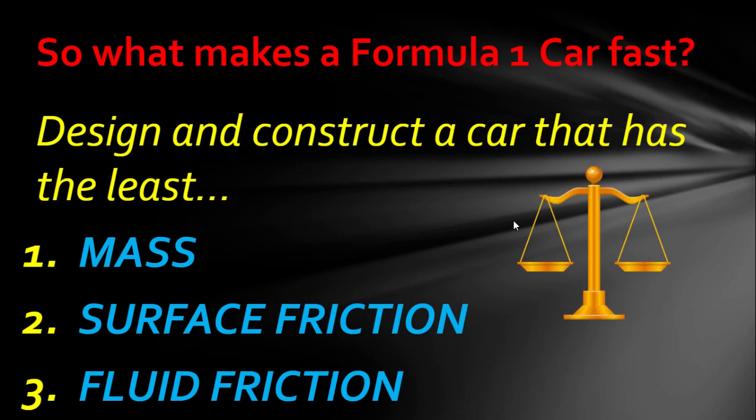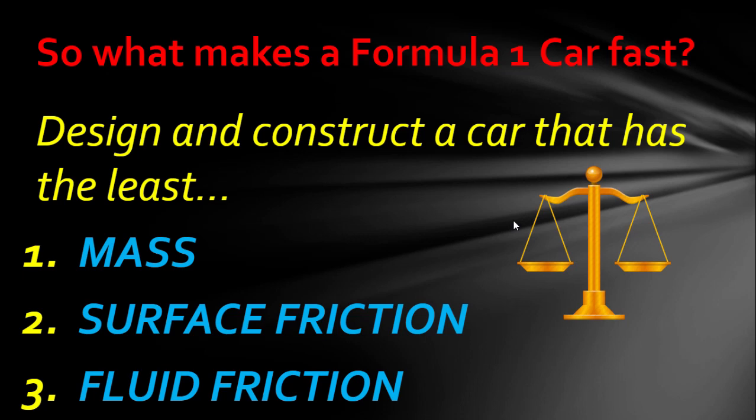So from your experience with a CO2 car from level 1, if you look at these 3 items, mass, surface friction, and fluid friction, these were things that were covered in the Science of Speed web quest. These are terms you're very familiar with from making a wedge-style CO2 car. And honestly, this is the order I focus on when I design a car.